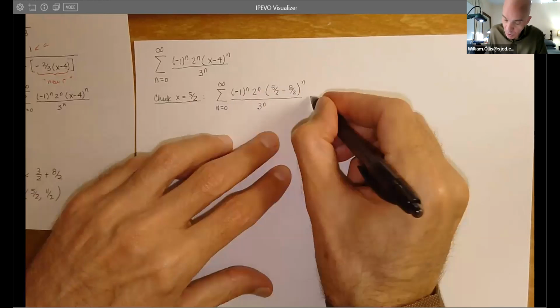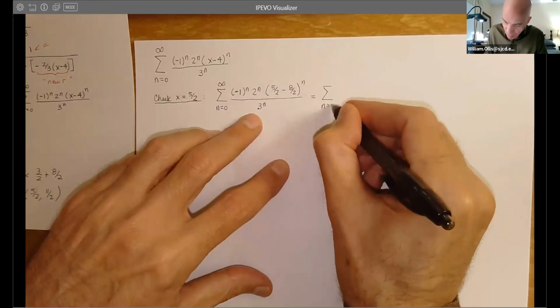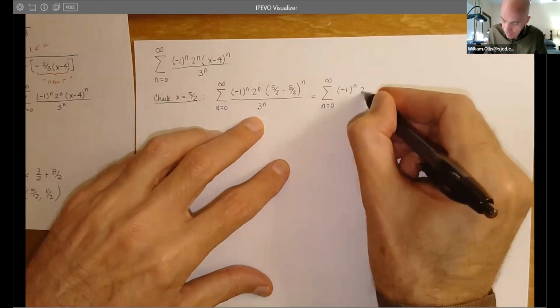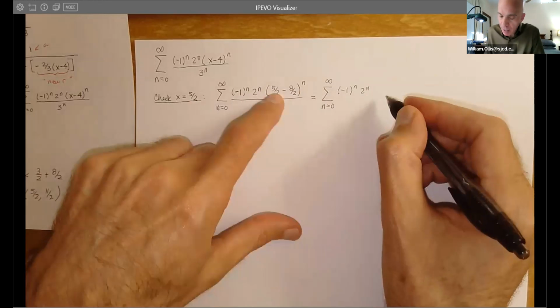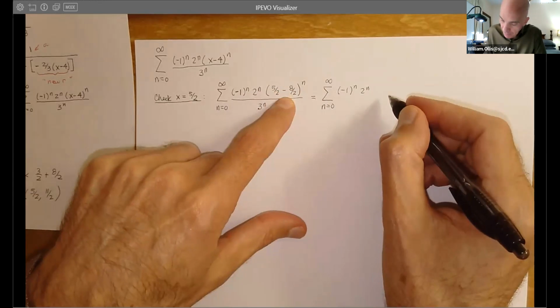And so now let's reduce this. Now this is a real series. Notice this is going to be a -3/2, right? Well, we knew that.